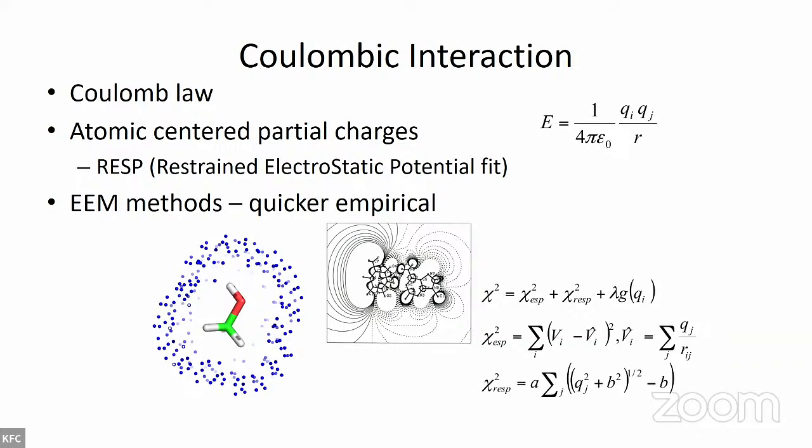The problem with this method is that you have to calculate the electrostatic potential, usually with some kind of DFT quantum chemical method, which is expensive and slow. So there are other methods which allow you quicker calculations. And those are usually based on electronegativity equalization methods.